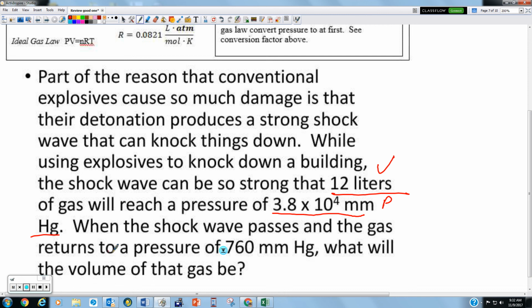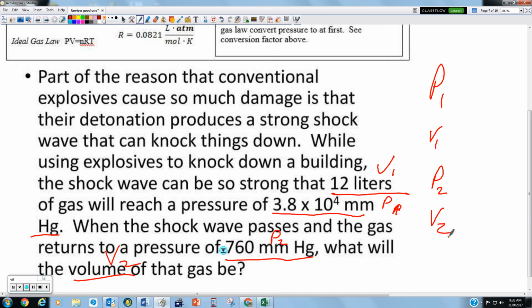When the shock wave passes and the gas returns to the normal pressure, what will the volume of that gas be? So this is a P2, this is a V2, this is a V1 and a P1. So we are dealing with a P1, a V1, a P2, and a V2.